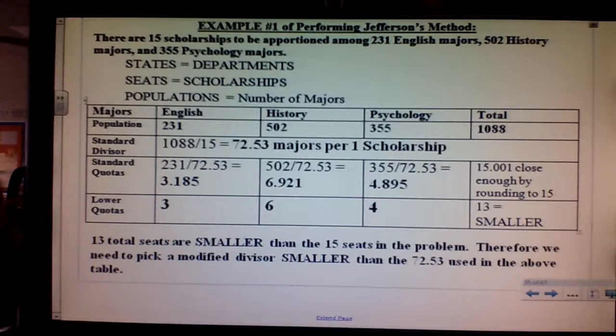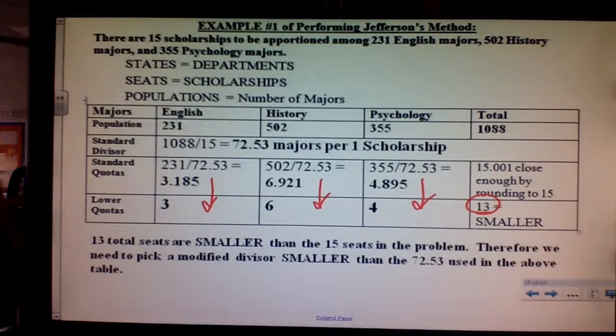Same thing. We're not stopping what we did last week. The part that's going to change is when I do this. So I gave out the lower quotas. 3.1 is a 3, 6.9 is a 6, 4.8 is a 4. When I total that up, I'm only at 13.